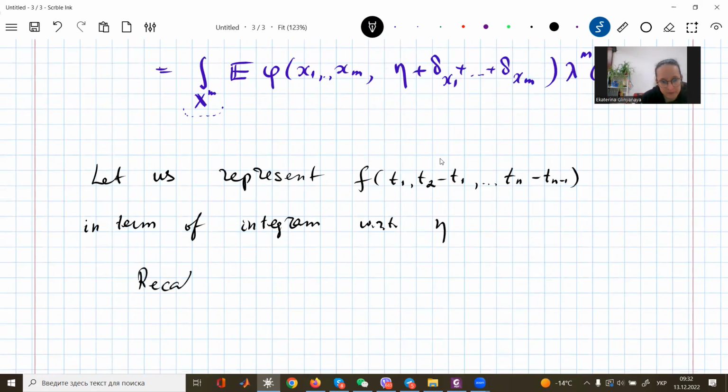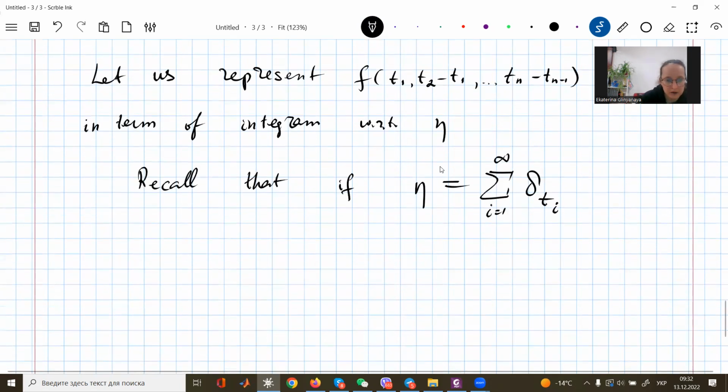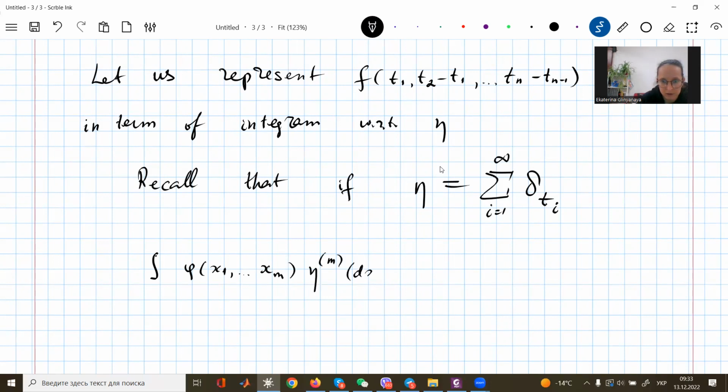Recall that if we have a point process of the form T_i, i from 1 to infinity, then the integral of some function x1, ..., xm, eta factorial m of g(x1, ..., xm). So what is it?